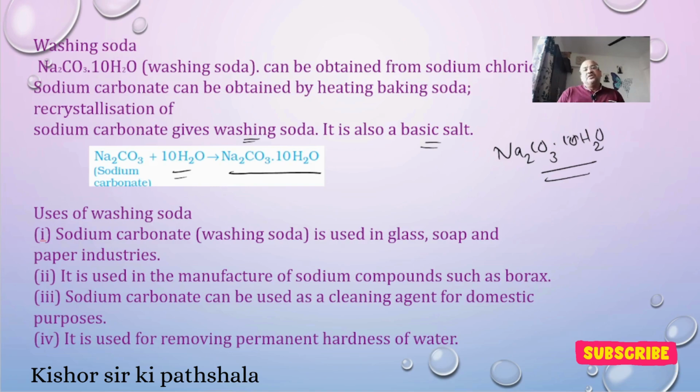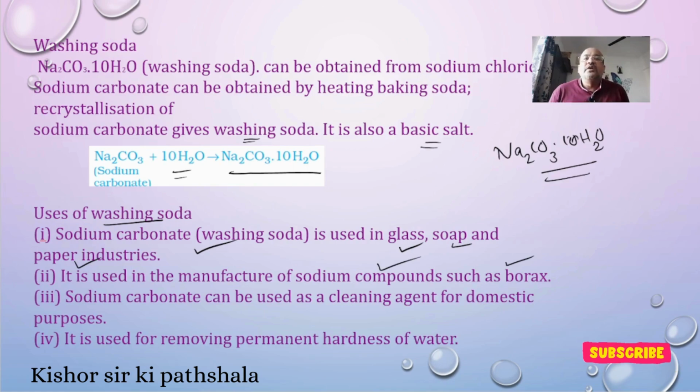Now let's see the uses of washing soda. Sodium carbonate, that is washing soda, is used in what? In the glass, soap, and paper industries. It is also used in the manufacture of sodium compounds such as borax.